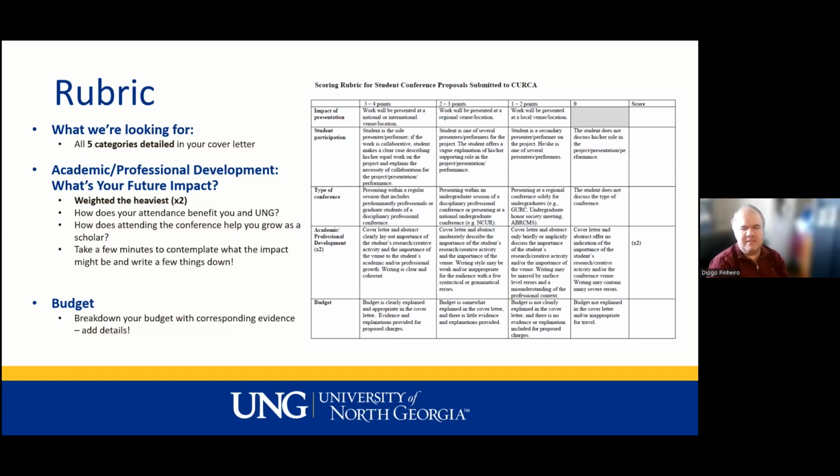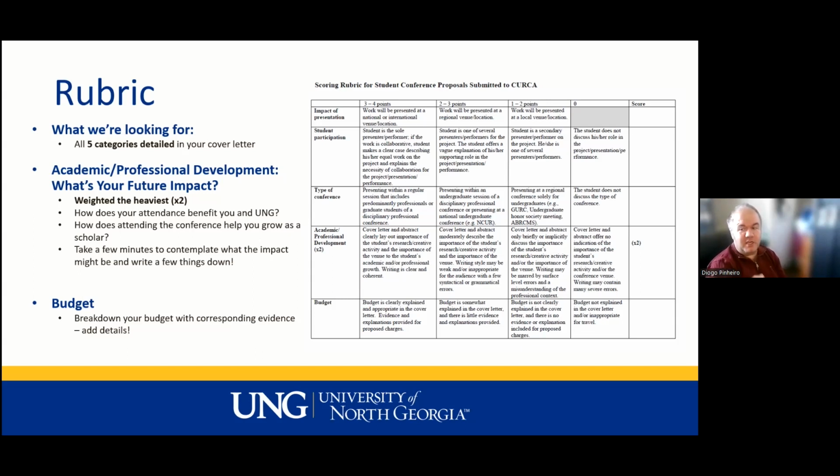And the last thing here is going to be the budget, right? So the more thorough you are with your budget, the higher the score. And here we are asking for you to provide us with a budget breakdown, and we're asking you to provide us with evidence. Now, evidence here is very broadly defined. It can be a screenshot from a website. It can be you just mentioning that you went to this website and you found things this way.